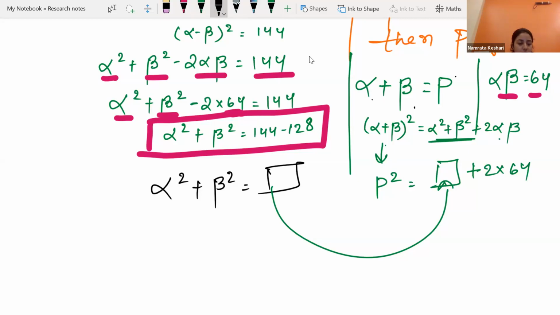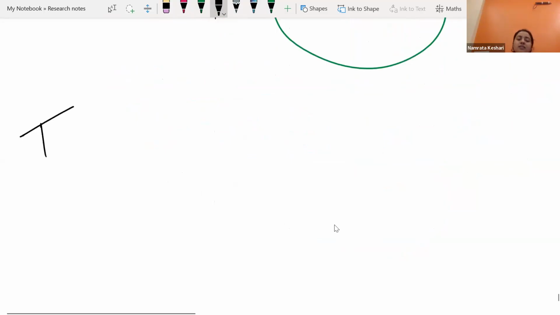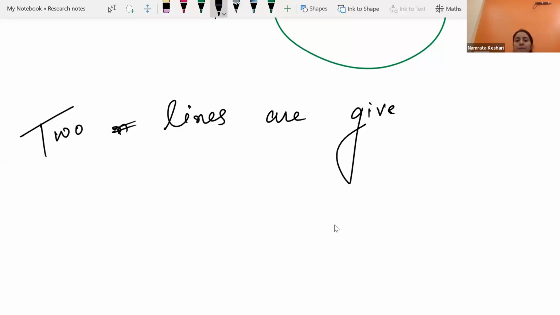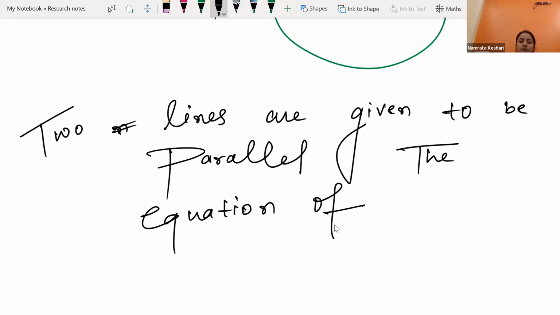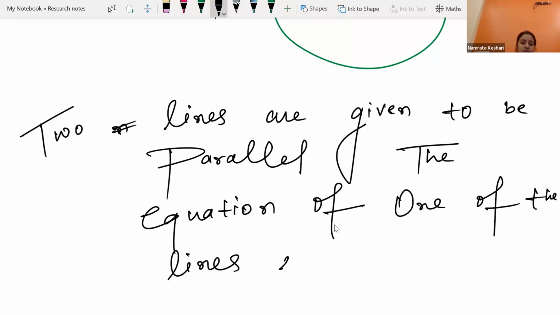Now the next question is from pair of linear equations in two variables. Two lines are given to be parallel. The equation of one of the lines is 3x minus 2y is equals to 5.